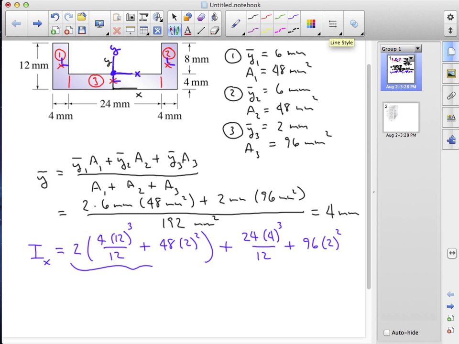And the relative size of these contributions, this is 1536, and this is 512, and the result is that Ix is 2048 millimeters to the fourth.